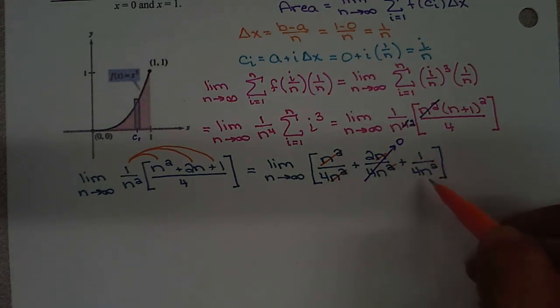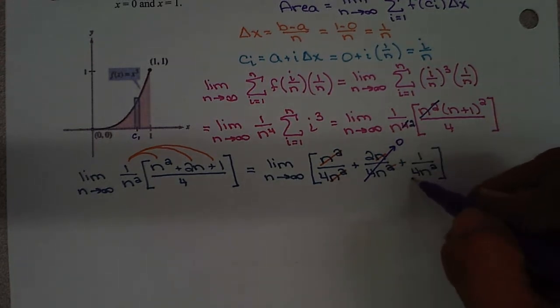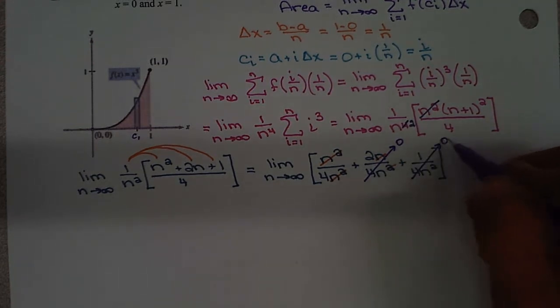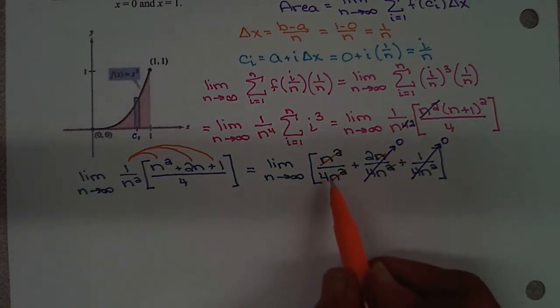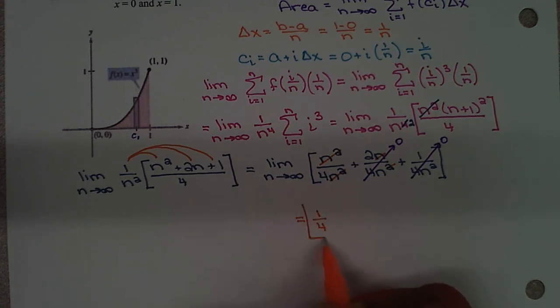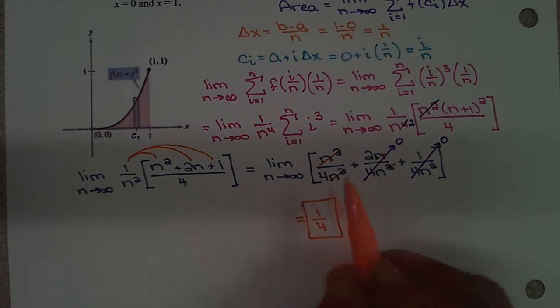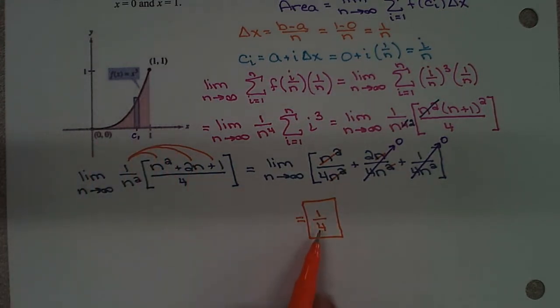Nothing cancels on this last term here, so when I plug in infinity on the bottom, this term is going to 0, which means all I have left is this term here, which is a 1/4, which means that the area underneath this curve, x cubed from 0 to 1, is going to equal a 1/4.